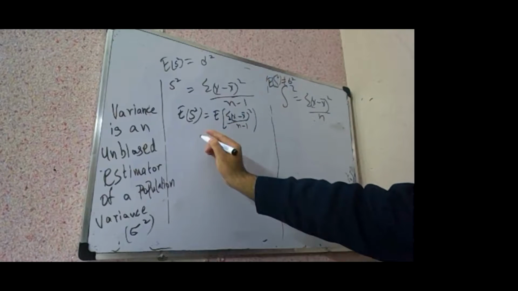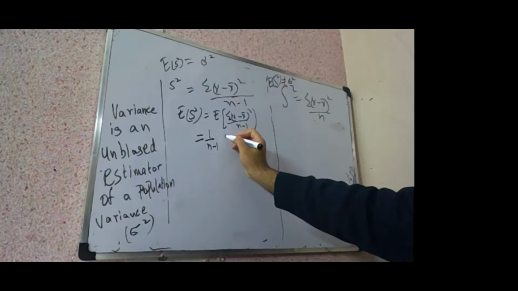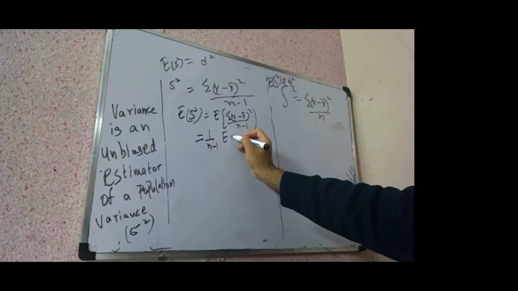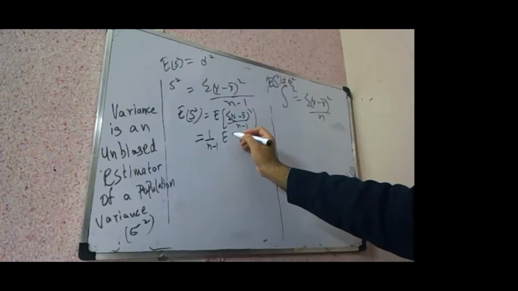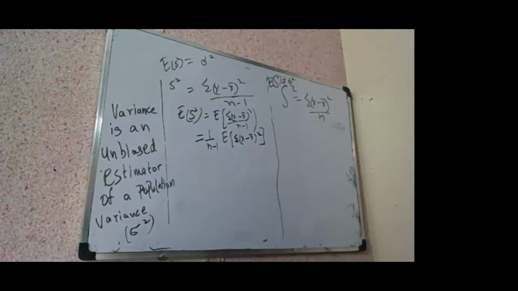I will write it outside as 1 upon n minus 1 times the expected value of the sum of x minus x bar square. Now apply that simple formula which you learned in high school mathematics, that a minus b whole square equals a square plus b square minus 2ab.